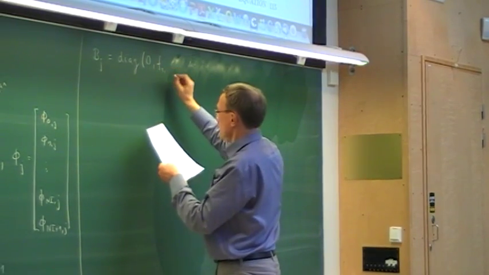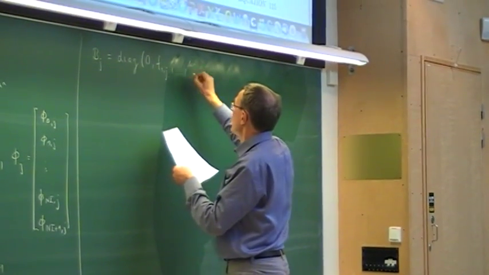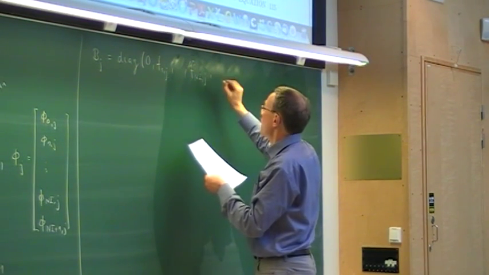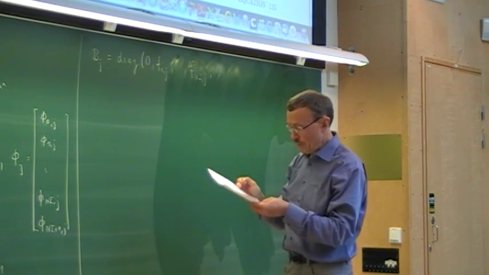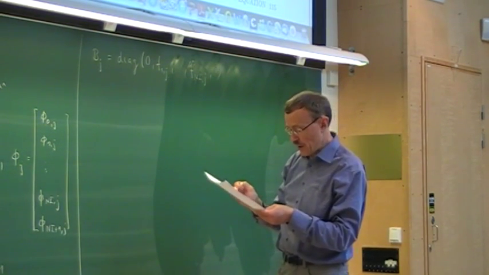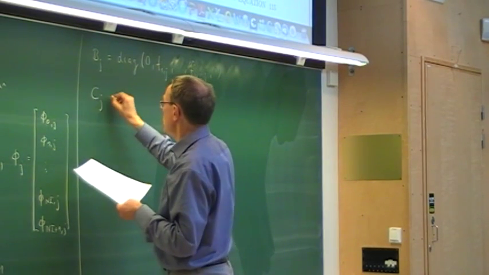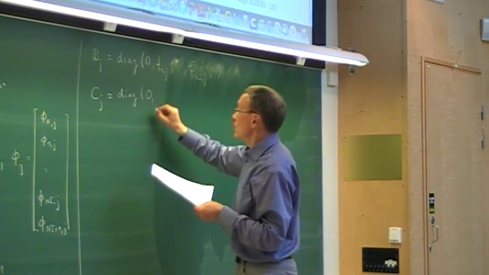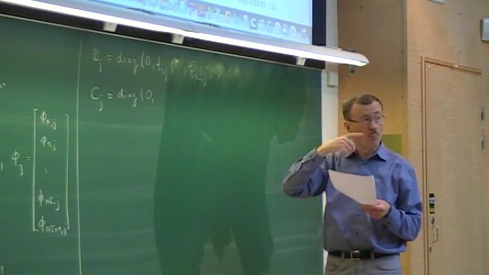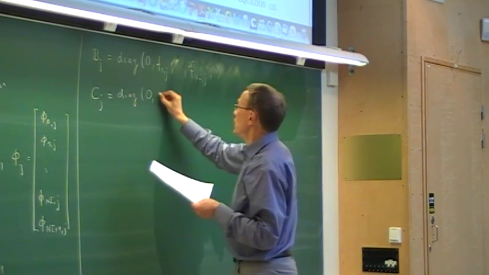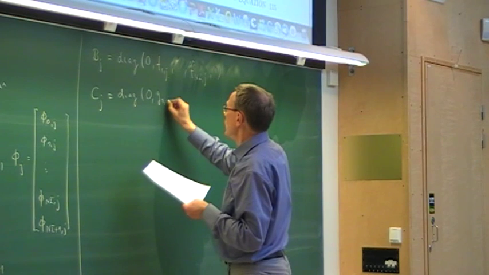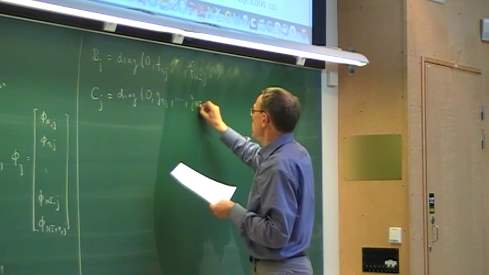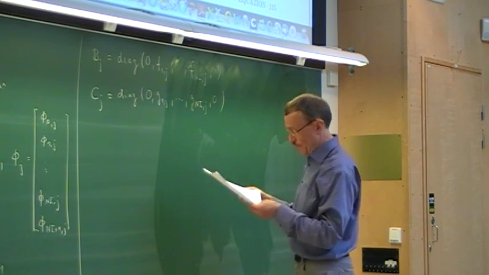That is then f1j and so on up to fNij, 0. So that is a diagonal matrix, and likewise the C is a diagonal matrix. So the C, capital Cj, is a diagonal matrix that contains then the corresponding g coefficients, which come from minus aN. So that is then the g1j until the gNij, and the last one is a 0.